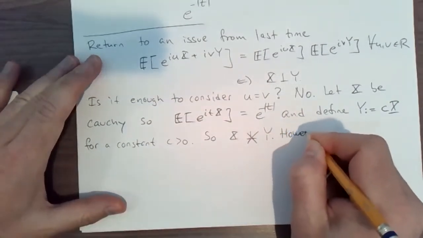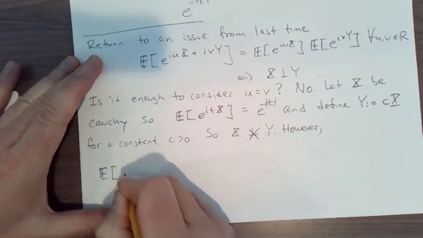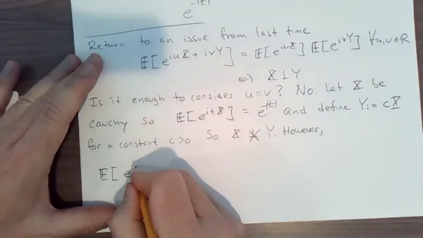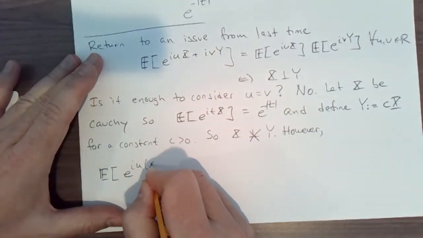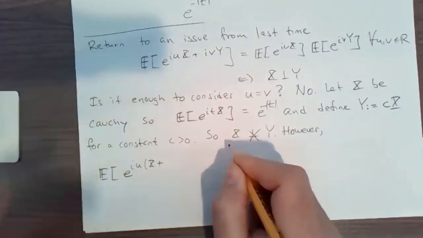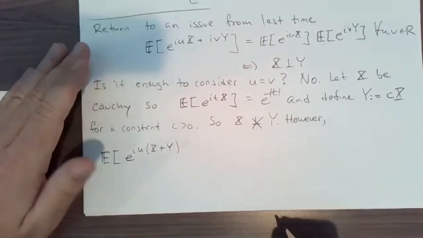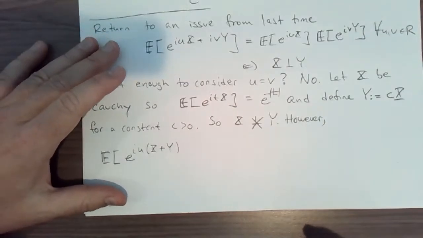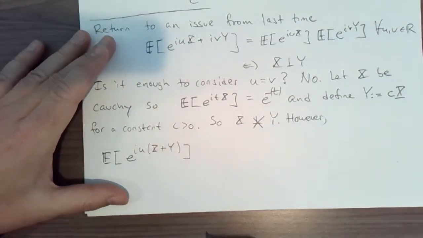However, if I look at the left-hand side, I'll have e to the i u, since u and v are now the same, times X plus Y. What would that be?